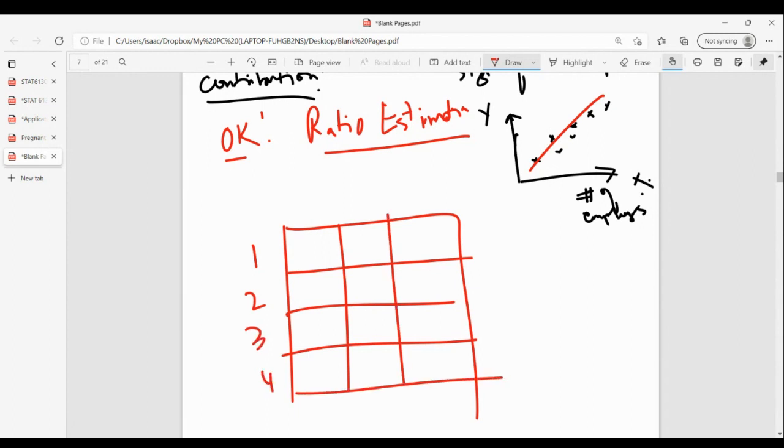So these are your employers. So these are your Y's and these are your X's. The X's is the number of employees, say, and Y is the total contribution by a particular employer. And on the end across here, you could actually have the classification.